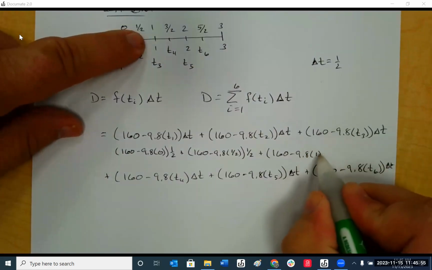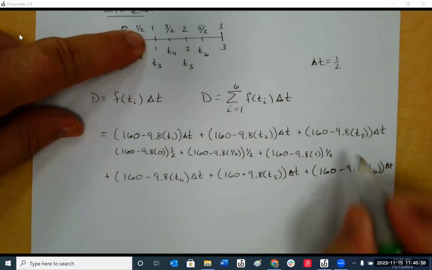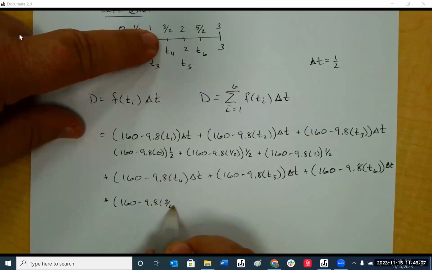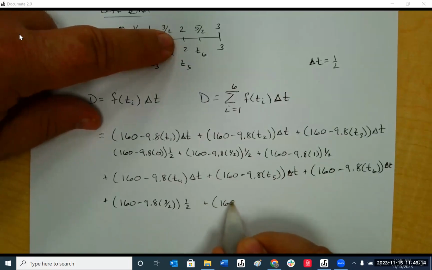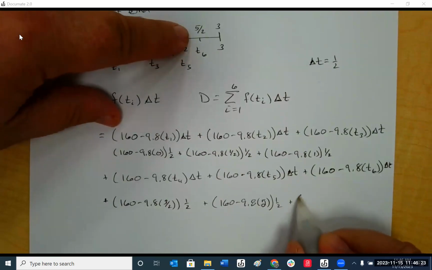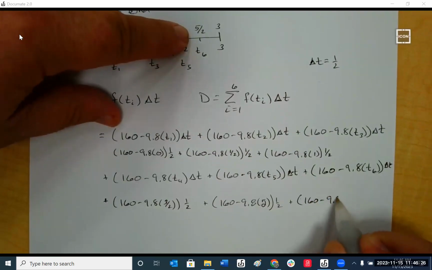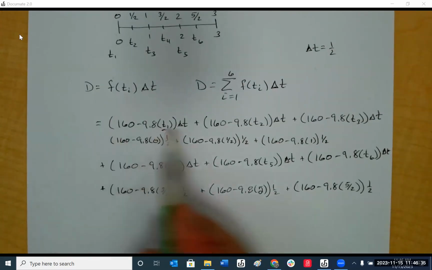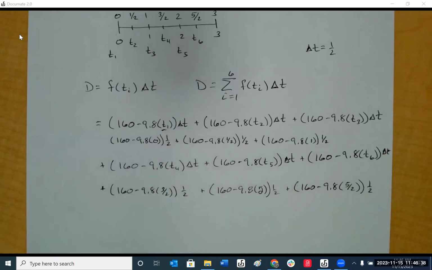T3 is 1 times 1/2. T4 is 3/2 times 1/2. Here all I'm doing is substituting T1, T2, T3 in there.